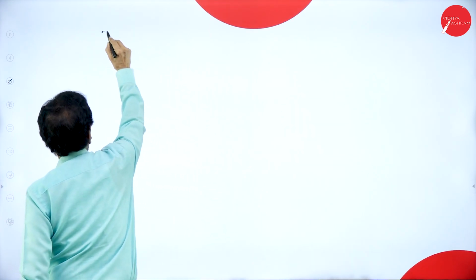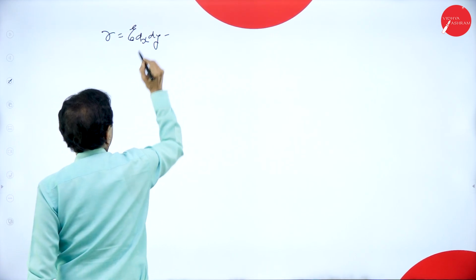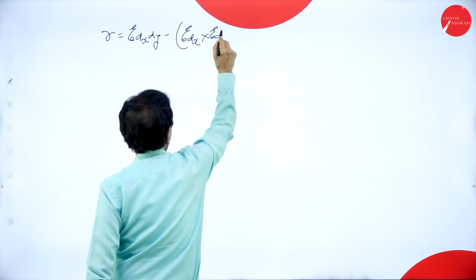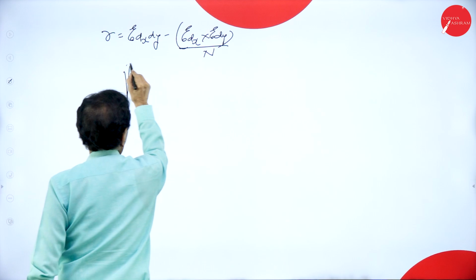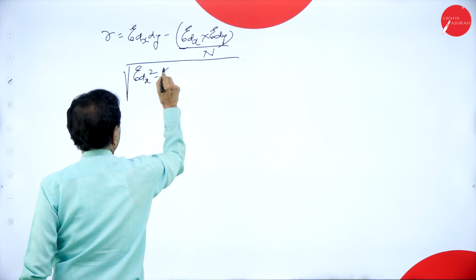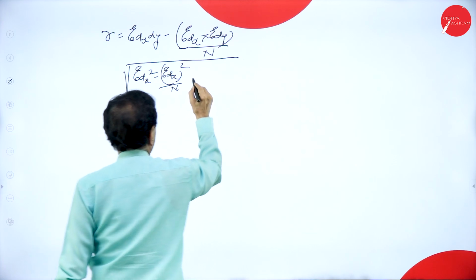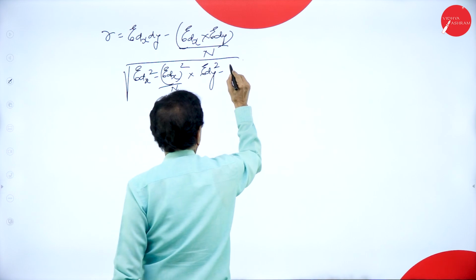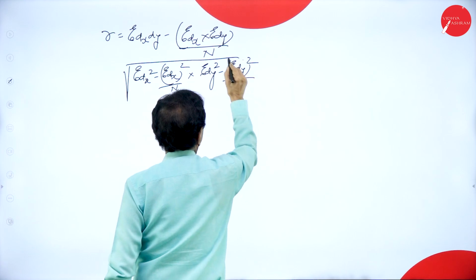R is equal to sigma dx dy minus sigma dx sigma dy, divided by n, divided by root of sigma dx square minus sigma dx whole square divided by n, into sigma dy square minus sigma dy whole square divided by n.